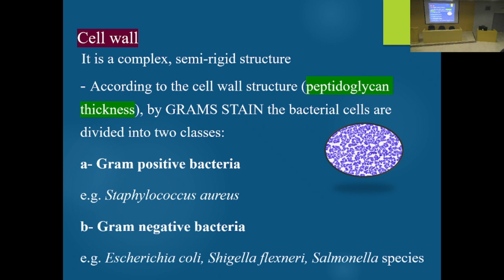One example of gram positive is Staphylococcus aureus. From now on, you have to know the names of bacteria. For gram negative bacteria, we have Escherichia coli, Shigella and Salmonella, which you have already come across in your present problem. They are both gram negative bacteria.